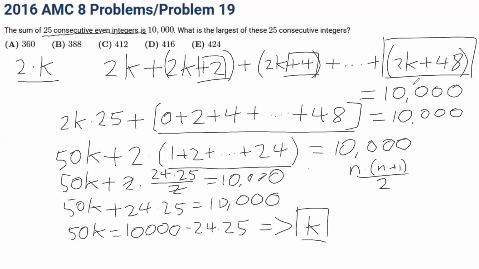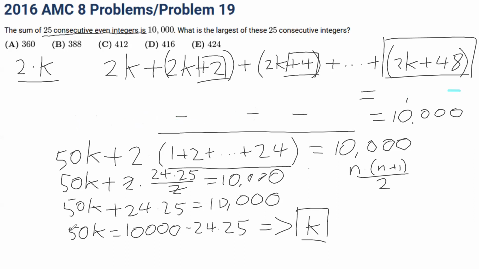Now, a smarter way to do this problem would have been to use telescoping, or the same kind of pattern finding that we find in telescoping, and saying that instead we could do this.